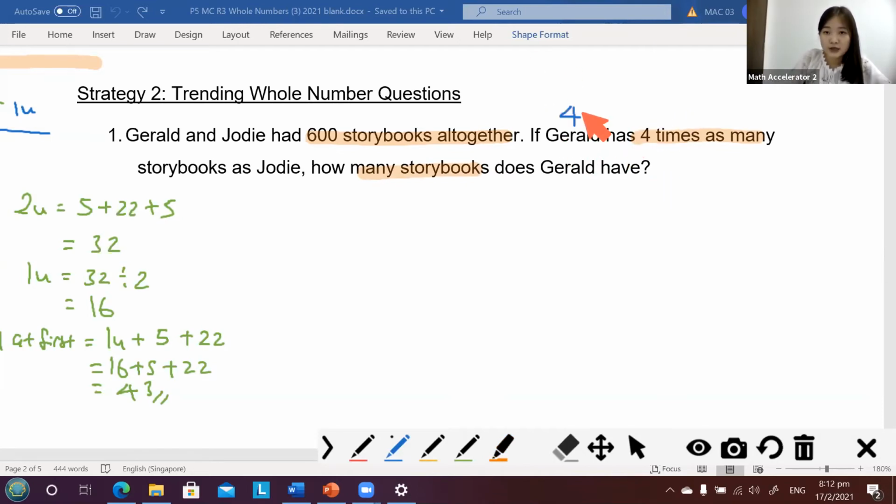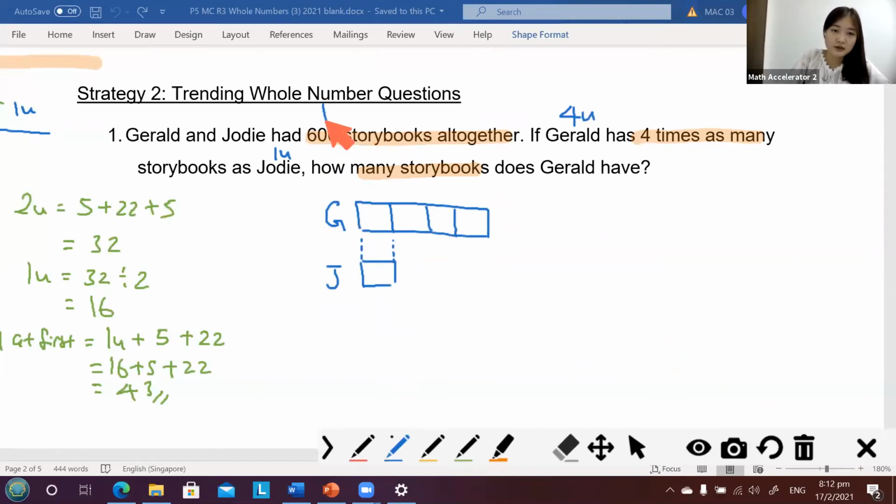So you must annotate, Gerald will be 4 units, 4 times. Jody will be 1 unit. So draw a model. Gerald, Jody. Gerald will be 4 units. Jody will be 1 unit. Altogether, in the question they told you is 600 storybooks. So label it 600.